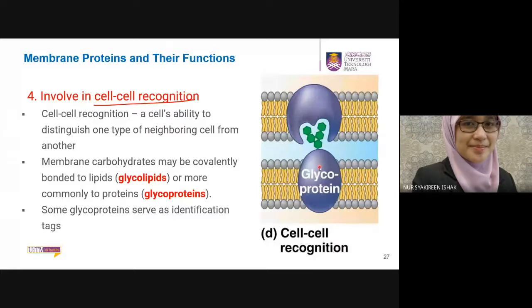So that's why orang yang berdarah O, dia boleh terima darah daripada orang darah A, darah AB, darah B.